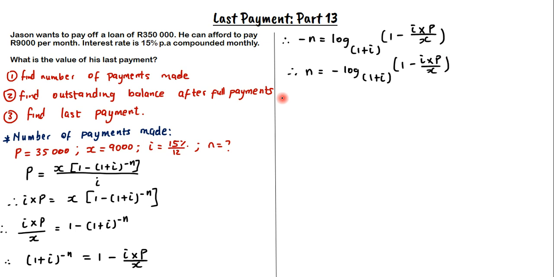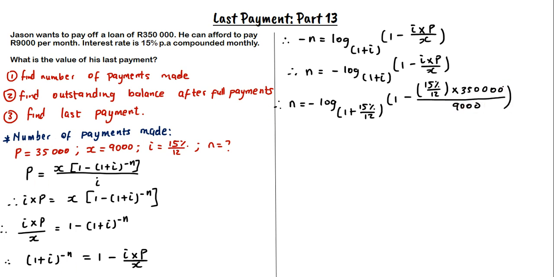From here, we substitute to calculate n. Now n is going to be minus log base (1 plus 15% over 12) of (1 minus 15% over 12 multiplied by 350,000 rand over x, which is 9,000 rand).